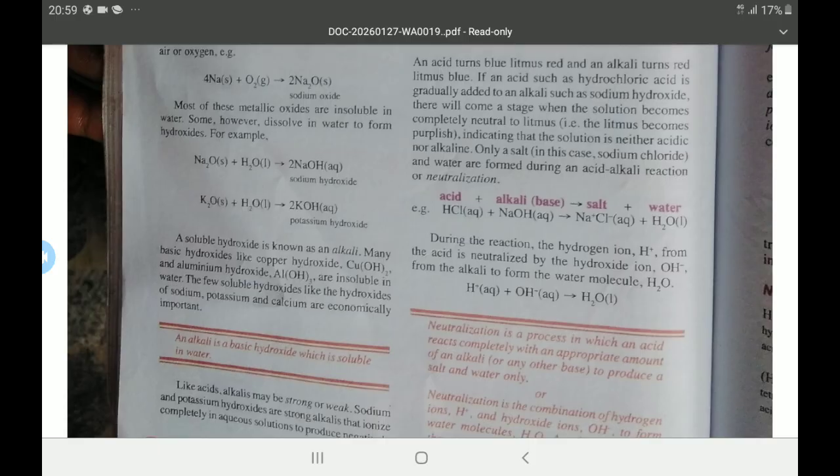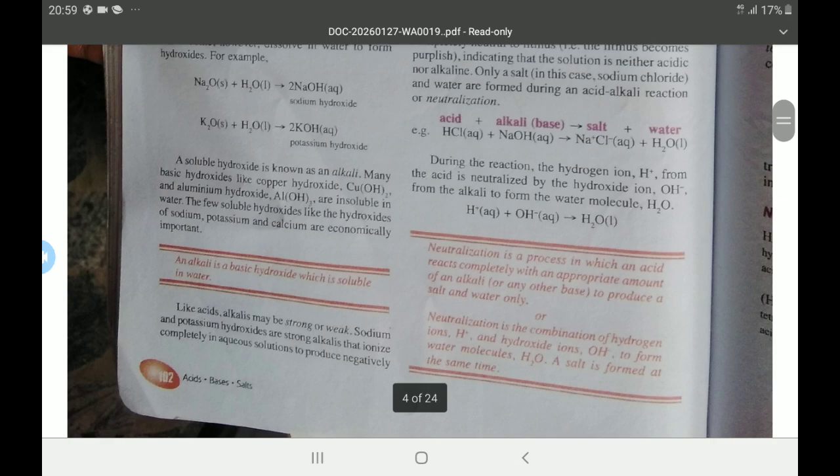Alright. So neutralization is a process in which an acid reacts completely with an appropriate amount of an alkali or any other base to produce a salt and water only. So when an acid is neutralized by an alkali, it produces salt and water only.